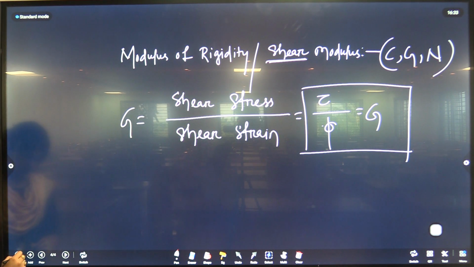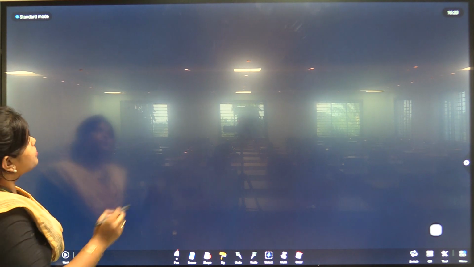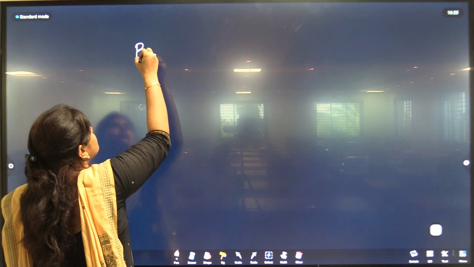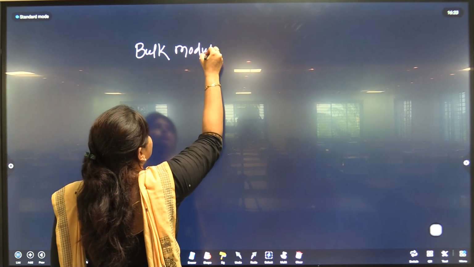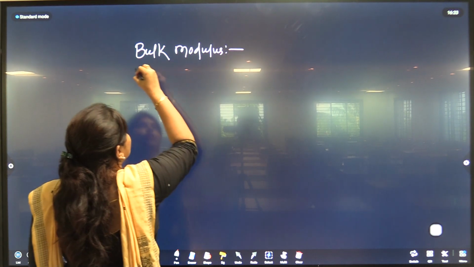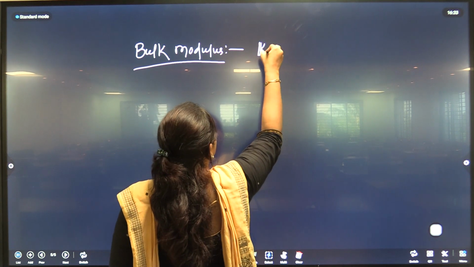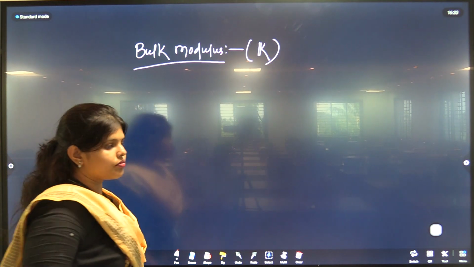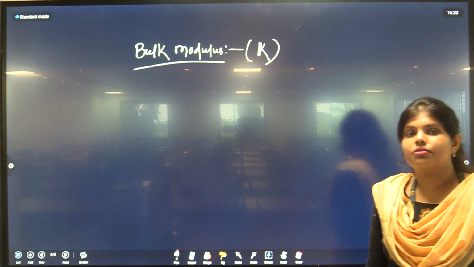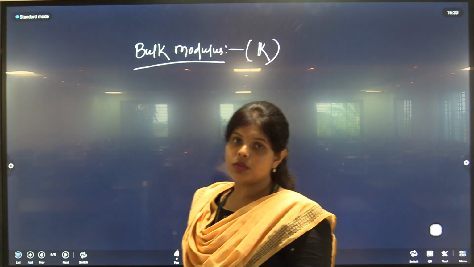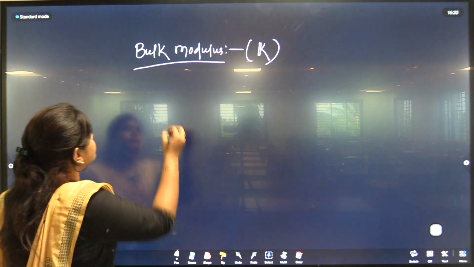Next, what we left is bulk modulus. Bulk modulus is denoted by K. Its definition is the ratio of normal stress to volumetric strain.